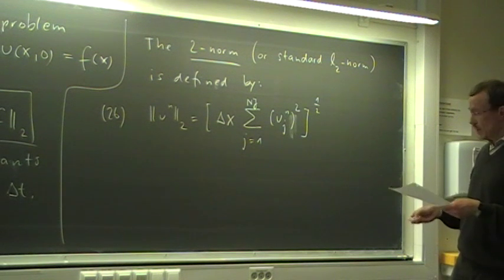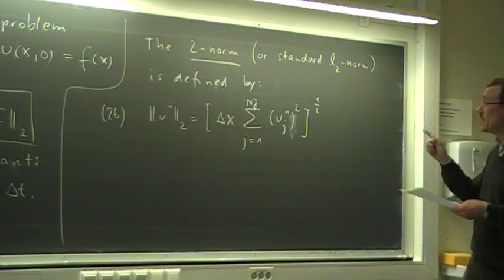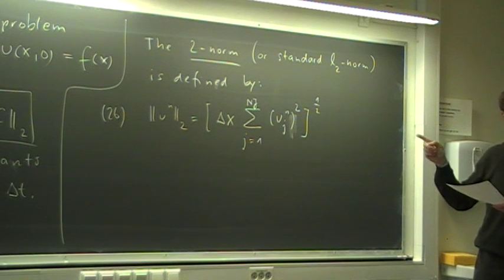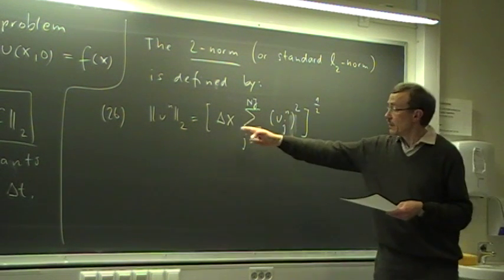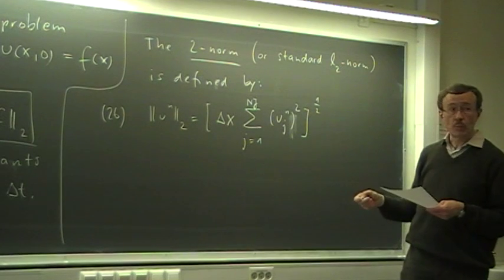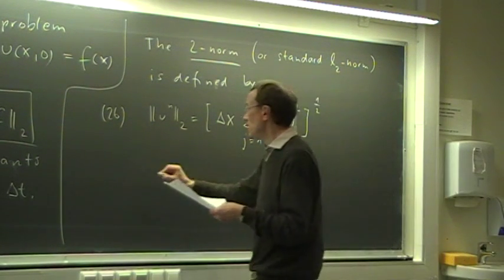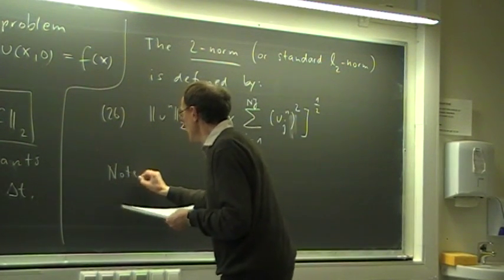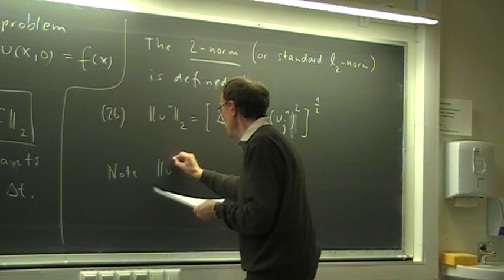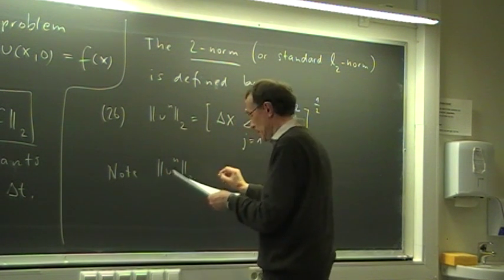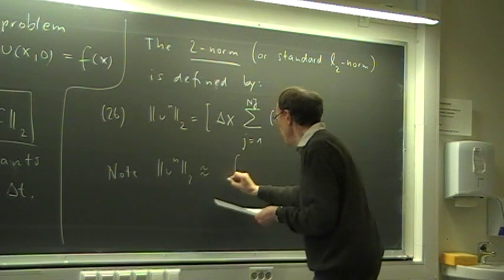Why is this interesting? Because this is approximating the integral. If you think of it as the midpoint rule, then you'll see that the 2 norm of the numerical solution un is approximating the integral.